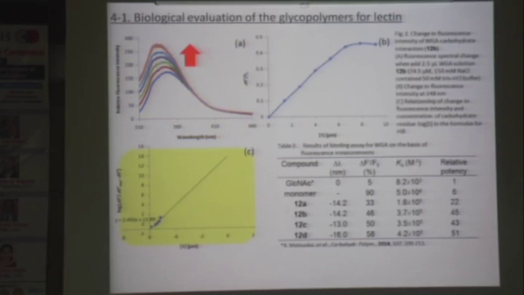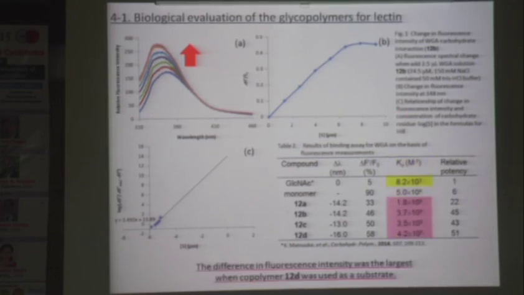The change by addition of GlcNAc residues was analyzed on the basis of Hill plot. Association constant Ka was estimated to these values by GlcNAc polymers.